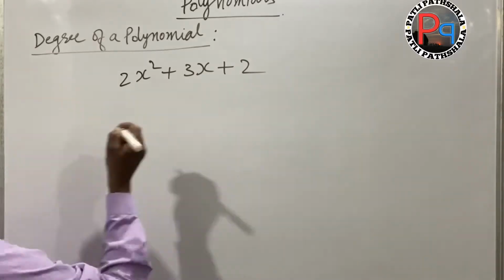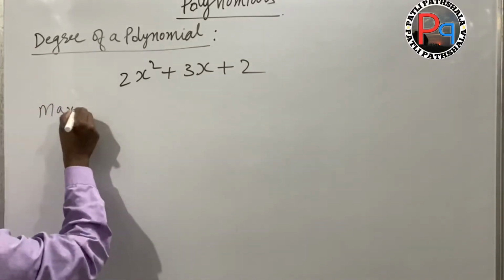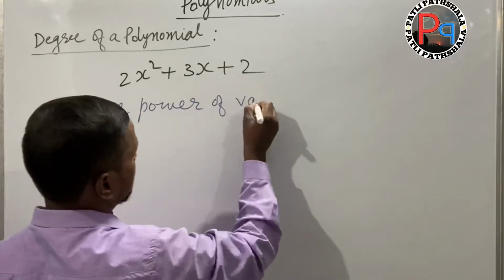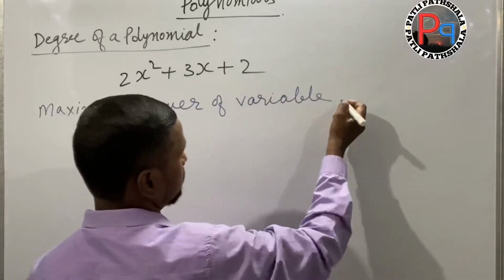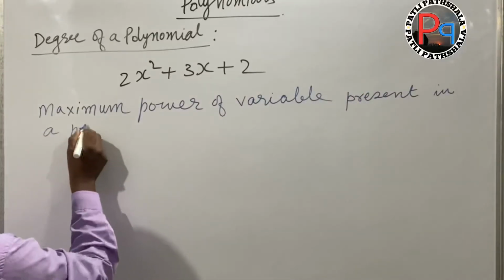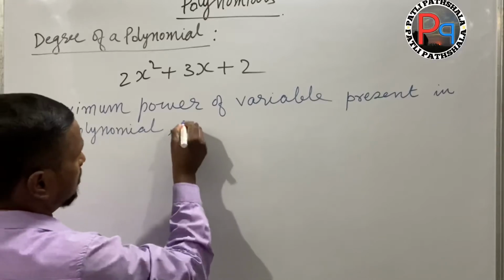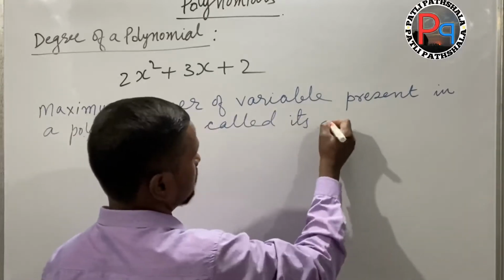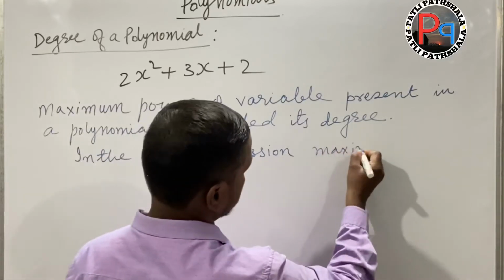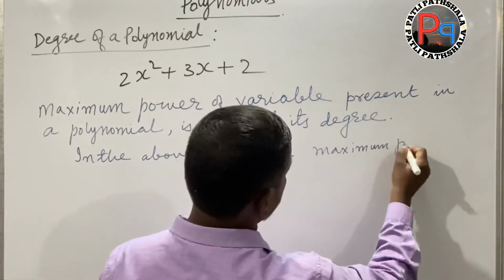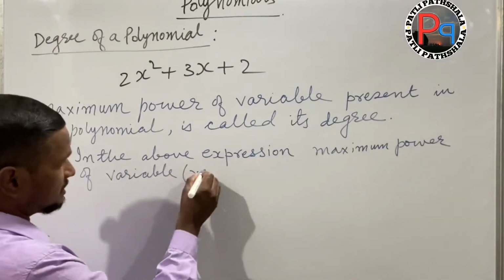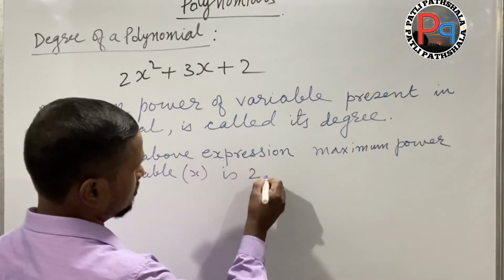So the maximum power of variable present in a polynomial is called its degree. In the above expression, the maximum power of variable, and that variable is x, is 2.